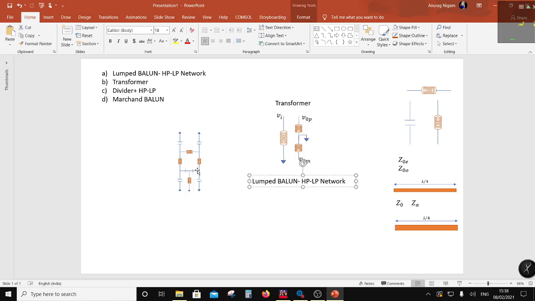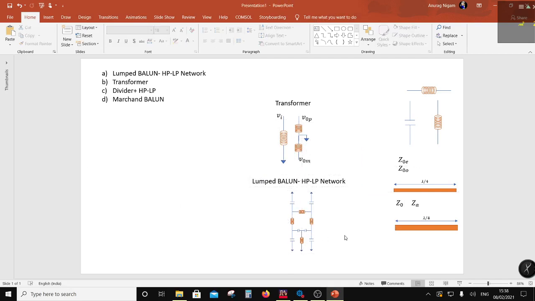Okay, so the way this one works is this capacitor inductor capacitor acts as a low pass network.